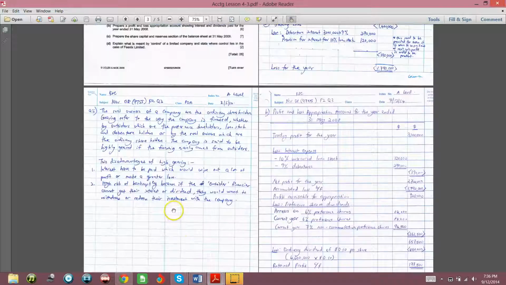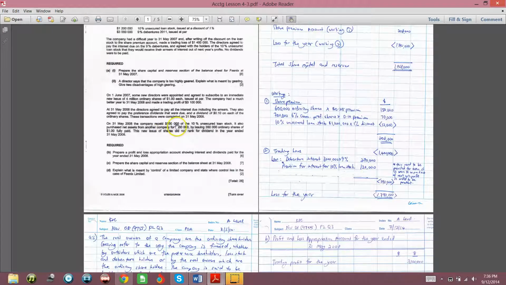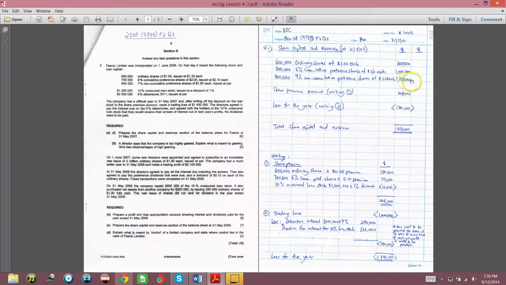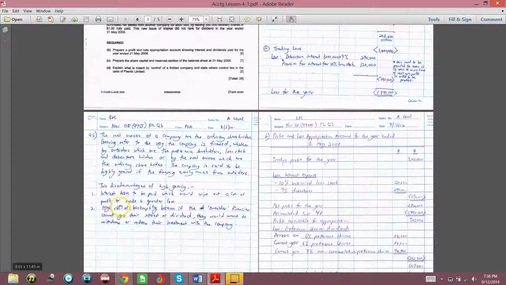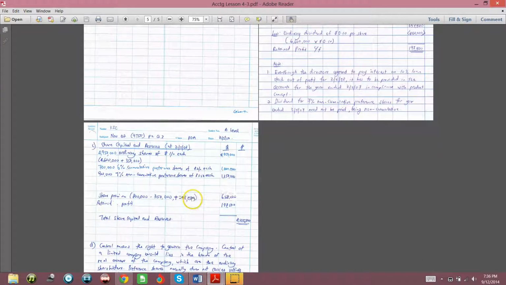Where is the 800? 800 is this one, 800,000, minus 350 plus the original share premium of 208,000. So this is the share premium account balance. Then 197,500 is here. So this is my share capital and reserve total.